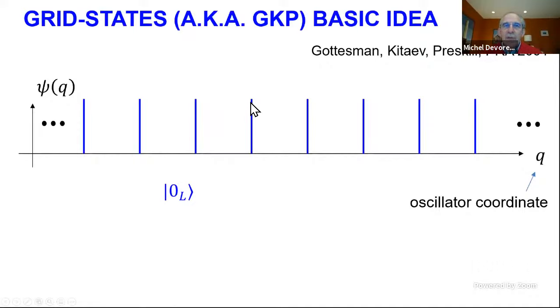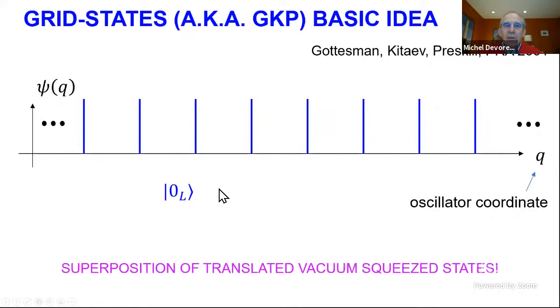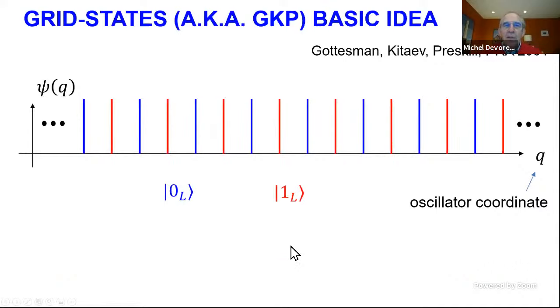And each of these pickets is a squeezed state in the coordinate direction, and I am superposing all these squeezed states. This will create zero logical, and it's simply a superposition of translated vacuum squeezed states. And the one logical can be deduced very easily from this zero logical. It's just the same state but translated by half a period.